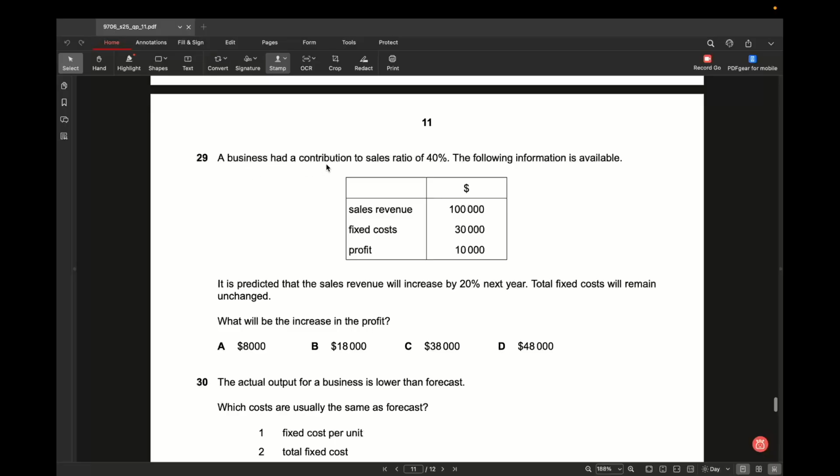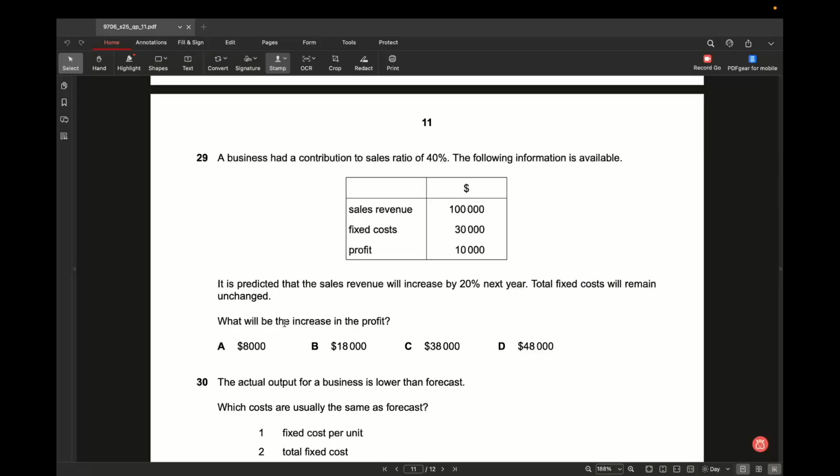A business has a contribution to sales ratio of 40%. The following information is available. Sales revenue 100,000, fixed cost 30,000, and profit 10,000. It is predicted that sales revenue will increase by 20% next year. Total fixed cost will remain unchanged.